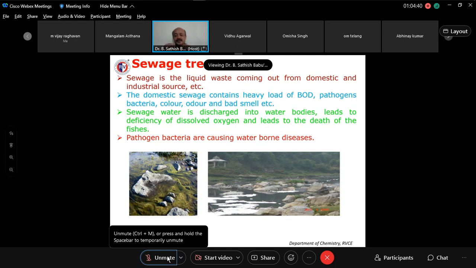Right, and the best management technique is to separate this sewage water from rainwater. You should give a separate passage for rainwater and a separate passage for sewage water. That rainwater can be used directly for other purposes like agriculture, horticulture, and so on.